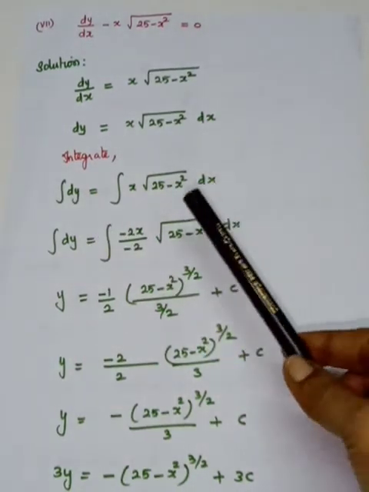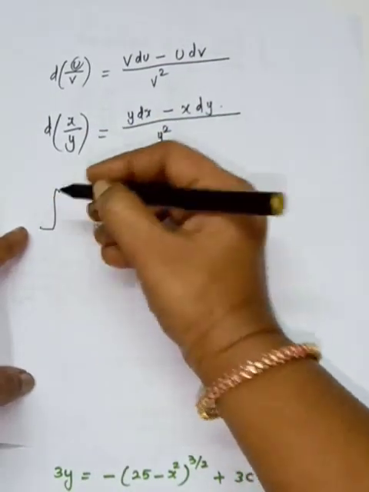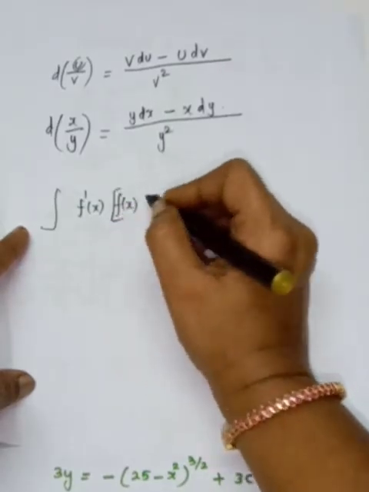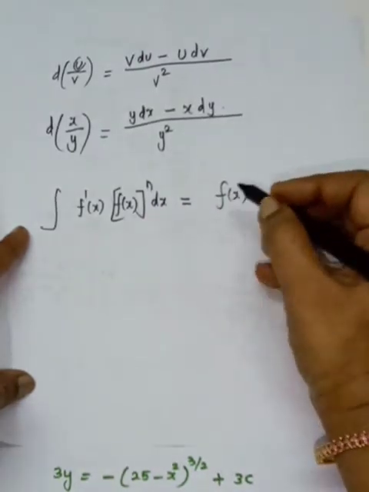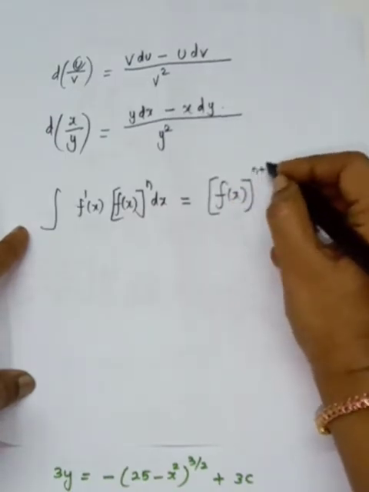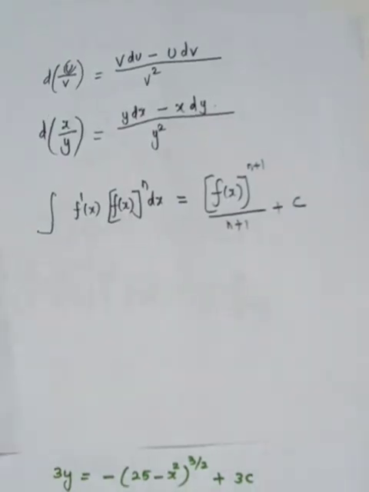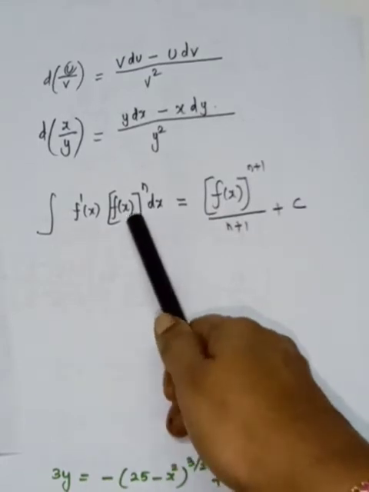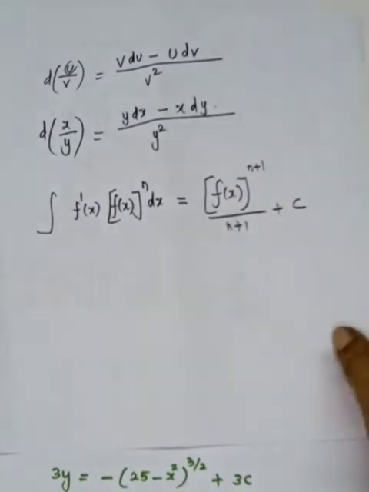So you see now here you are having the formula, integral of f dash of x into f of x the whole power n into dx can be written as f of x the whole power n plus 1 divided by n plus 1 plus c. You have learned this formula in 11th standard in the method of substitution.